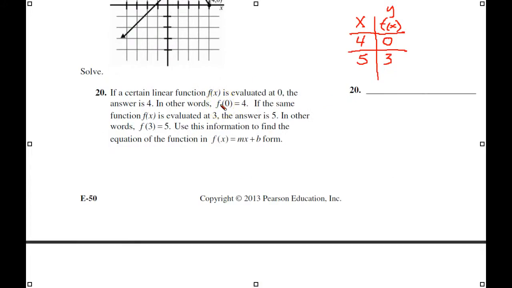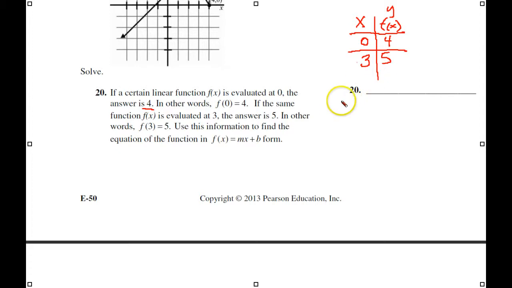All right, in example 20, this is a little tricky. And as you read it, they're saying f of x is evaluated at 0. The answer is 4. In other words, when x is 0, y is 4. And in reading that over, I realized I had it backwards.